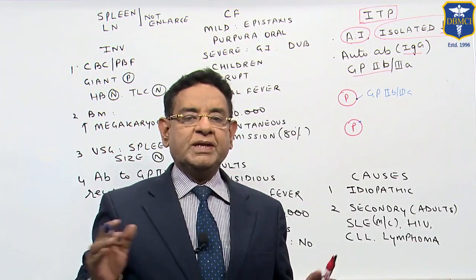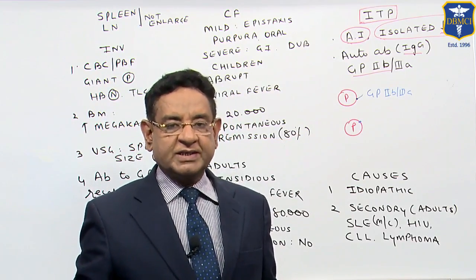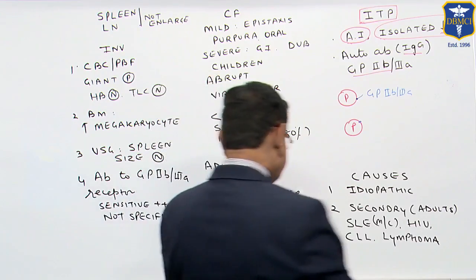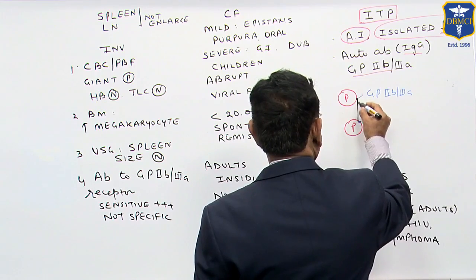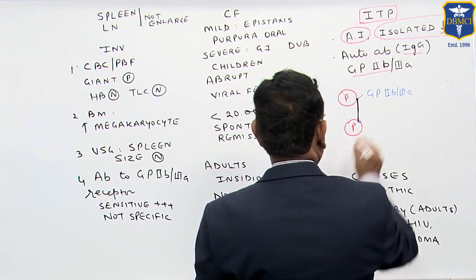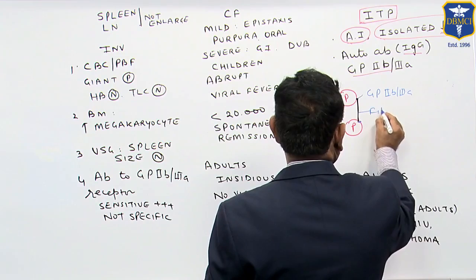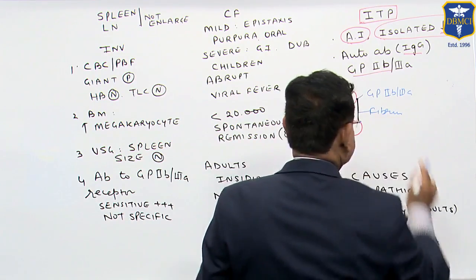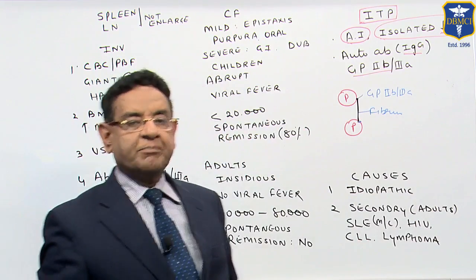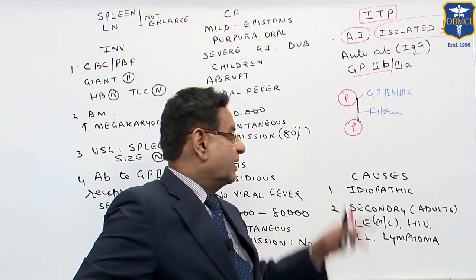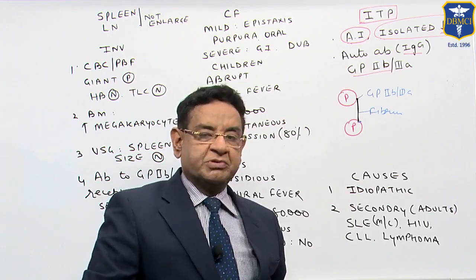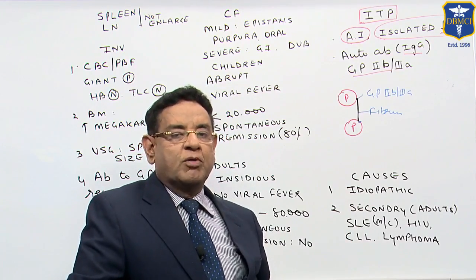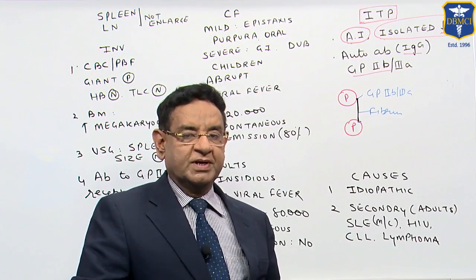So when normally the platelet aggregation occurs, the fibrin gets attached. So it is fibrin which stabilizes the platelet plug, and remember this is getting attached at the GP2B3A receptor. This is what happens in a normal platelet plug formation.